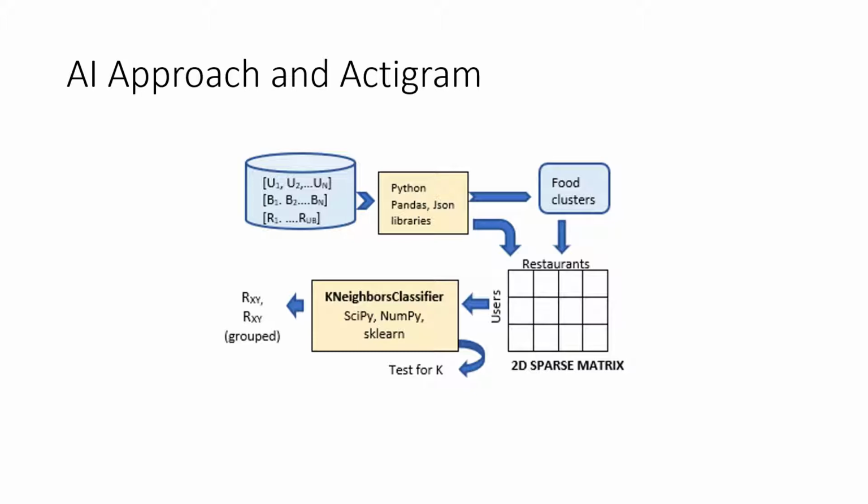Then this data is prepared to be fed into the K-neighbors classifier method through encoding the data and making it more sparse. The model is tested for different values of K, and then I try to improve it, and the output is ratings for any.